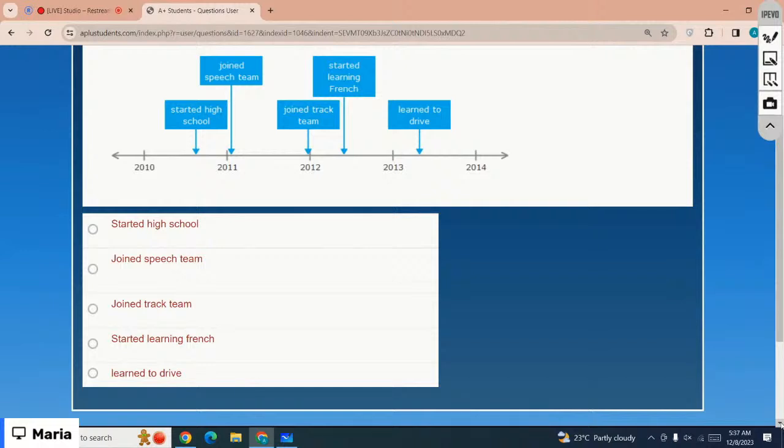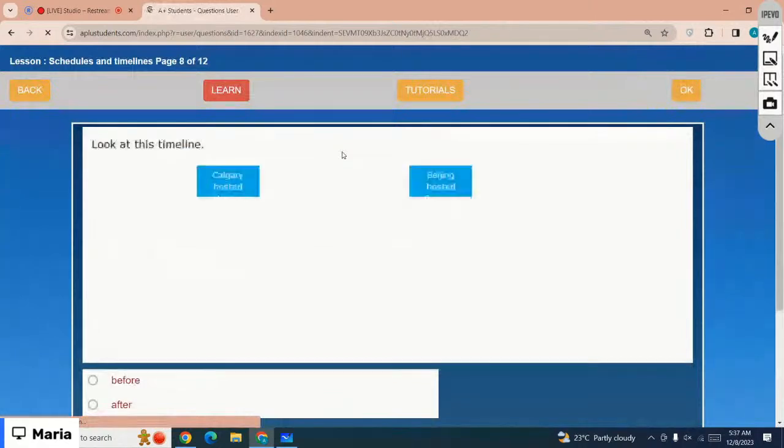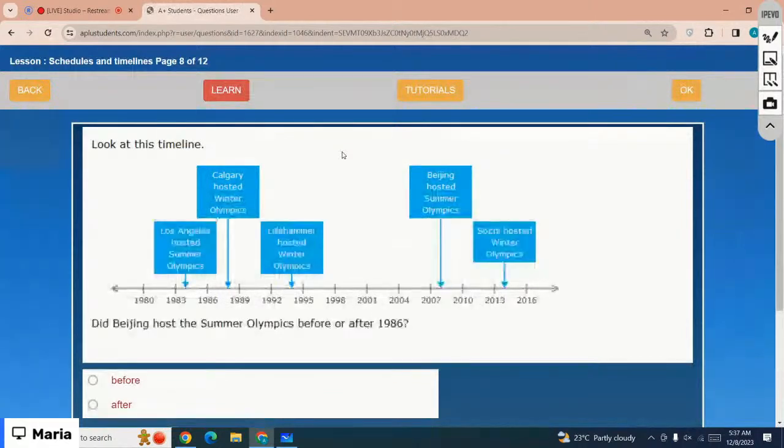And the correct option is started high school. The first thing he did is start high school. That is the first event, started high school, right?